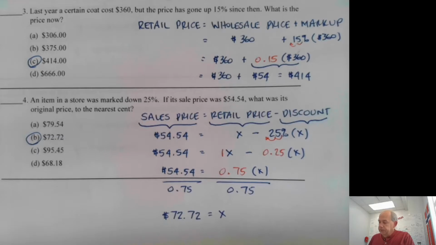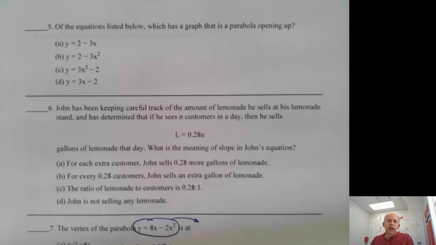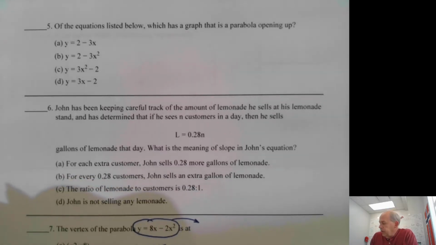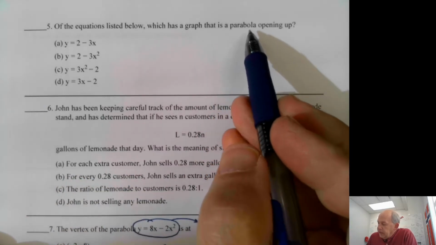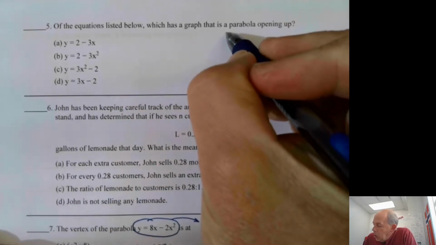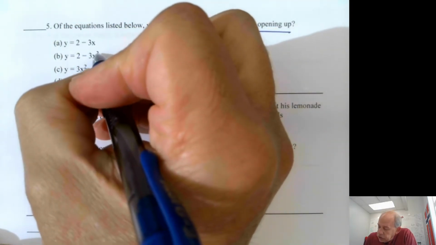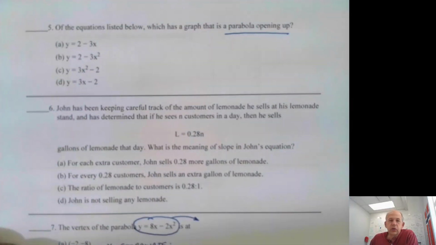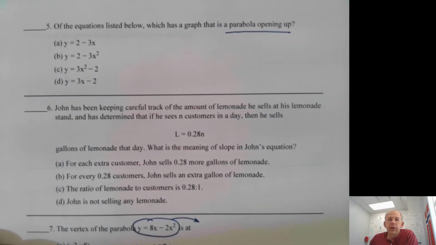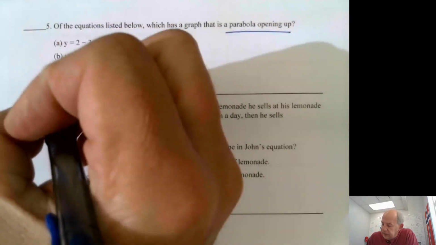Let's take a look at number 5. Like I said, we're on our way to question 11 on this first part of the video review. We have a list of models, and we want to see which one would be a parabola opening up. So what I'm looking for is an equation with an x squared, because that's a quadratic, that's going to be a parabola. Then I'm looking for the a coefficient in front of the x squared to be positive.